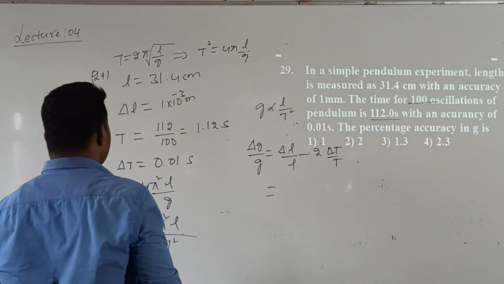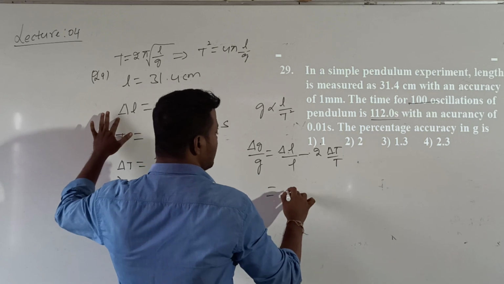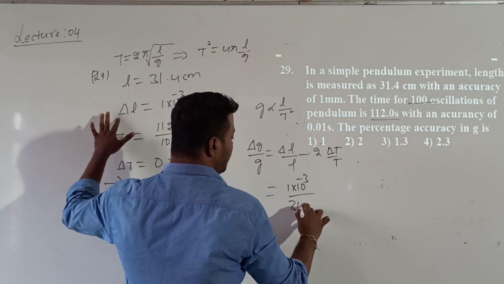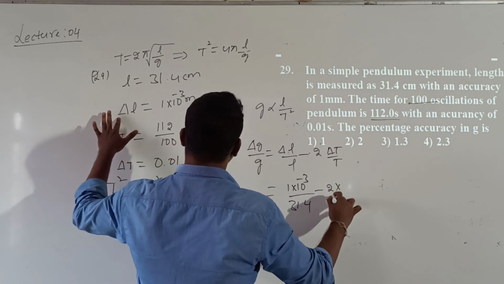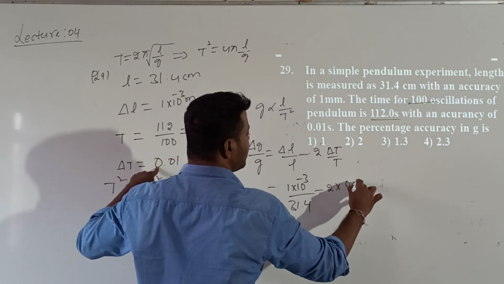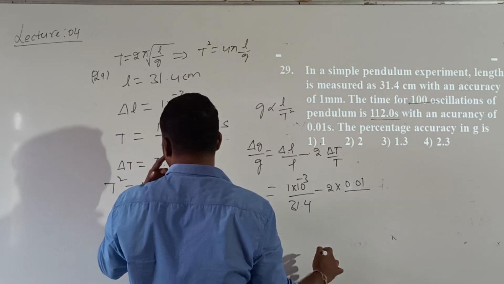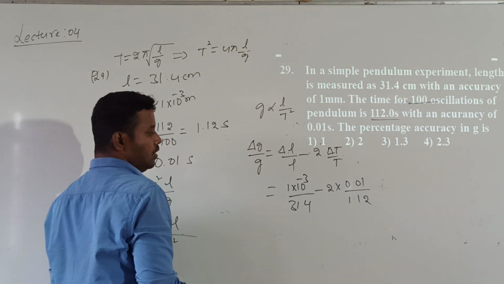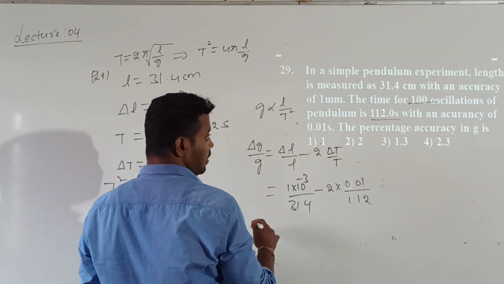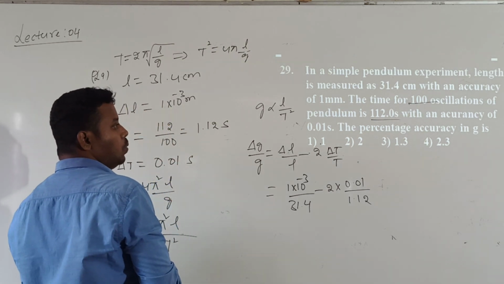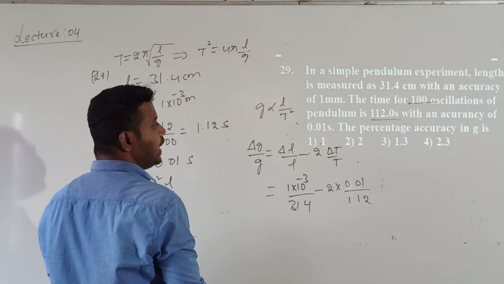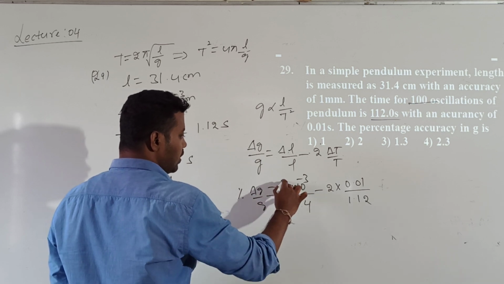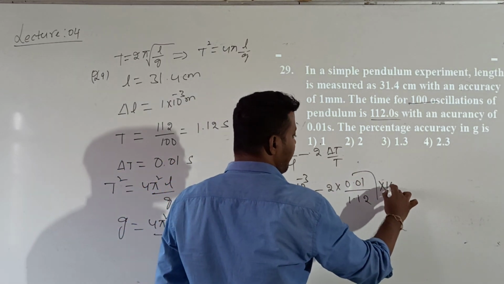Delta L by L is equal to 1 into 10 to the power of minus 3 divided by 31.4, plus 2 into delta T value 0.01 divided by the T value, which is 1.12. You need to simplify this. They are asking us to calculate the percentage accuracy in g, so percentage of delta g by g, multiplied by 100.